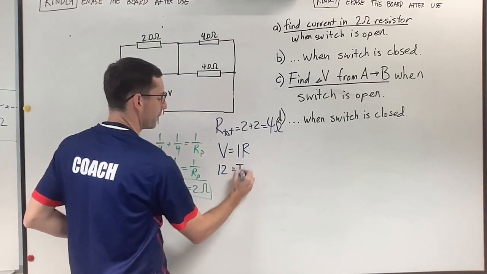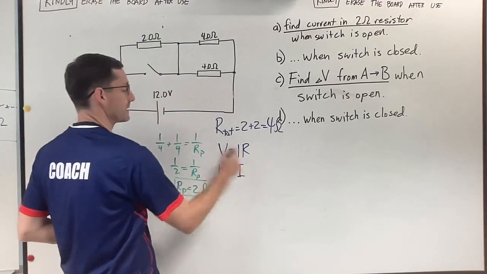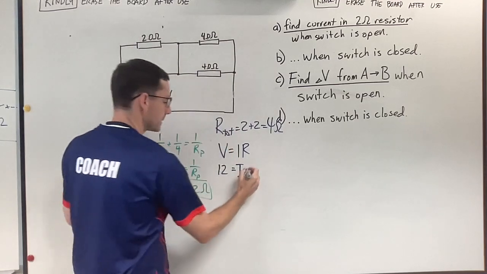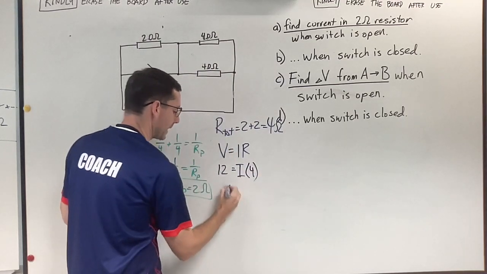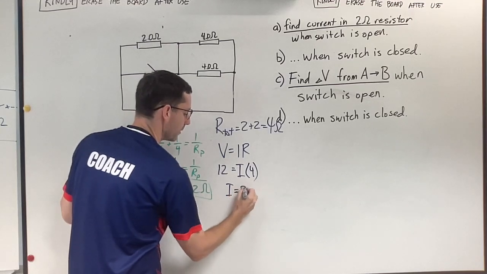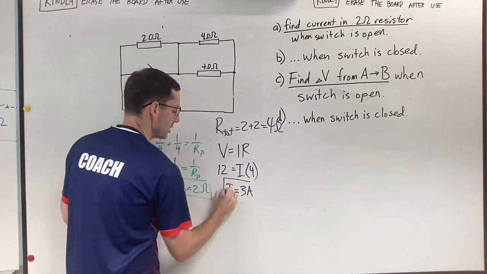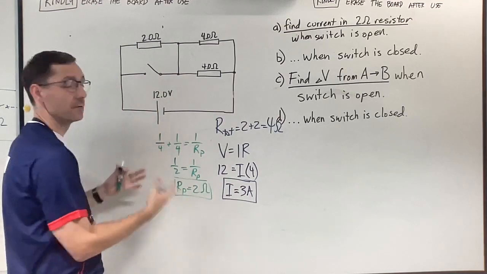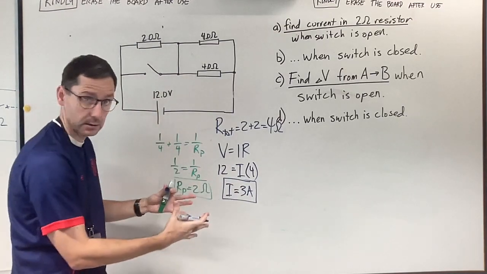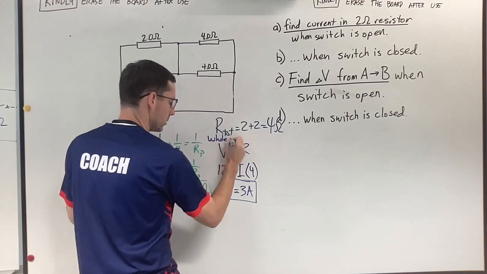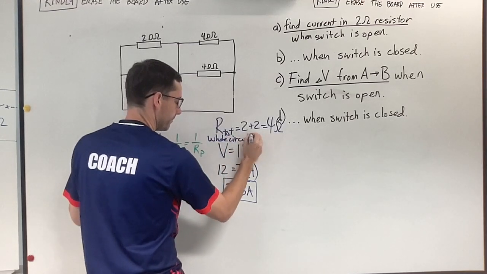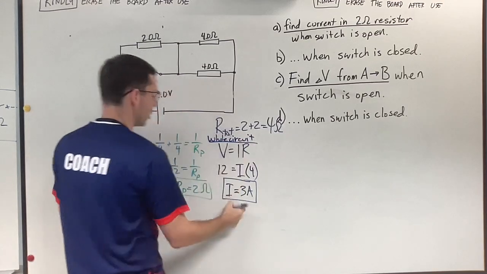I'm going to solve for the current, and the resistance of the whole circuit is 4 ohms. So I divide and I get I equals 3 amperes. So that is the I of the whole circuit, right? So I'm going to label that on here, whole circuit. All right? So that would be this.